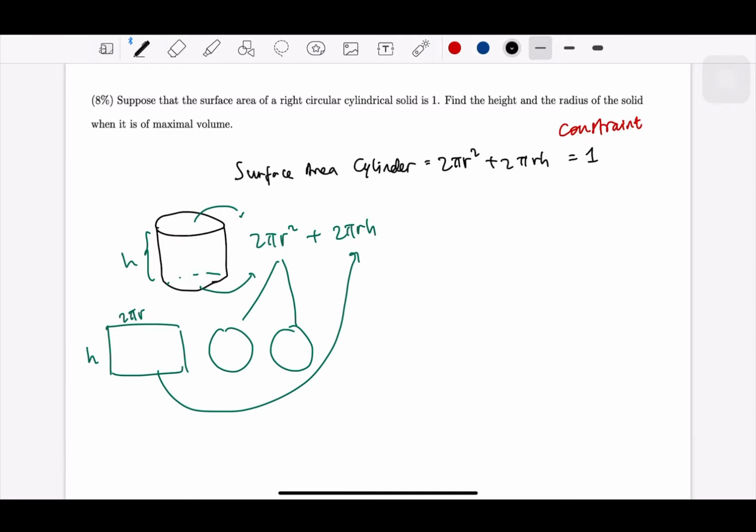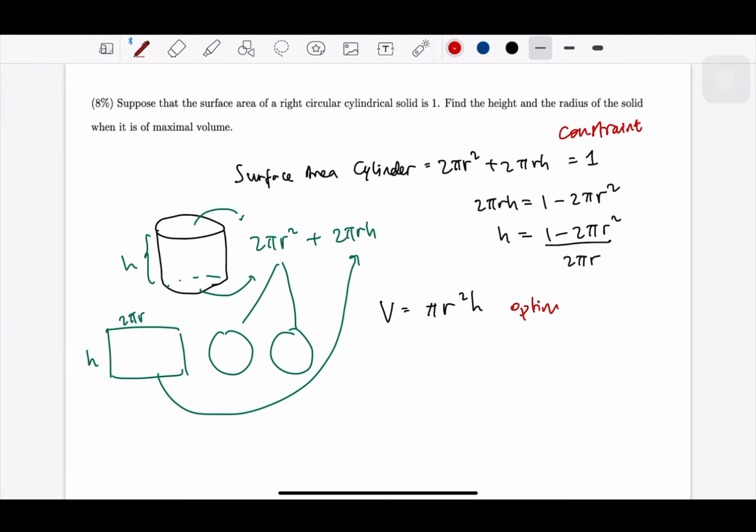We can take this and solve it for h, because I think we will be able to use just the variable r here, instead of taking h, because r has the square, and it will be more complicated if we do that. And for the maximal volume, volume is our optimization, so volume is pi r squared h. We take the h from our constraint.